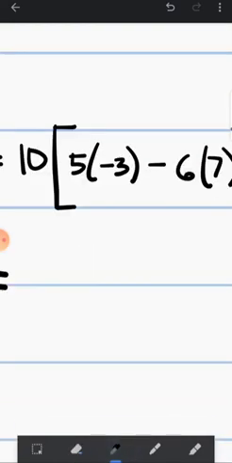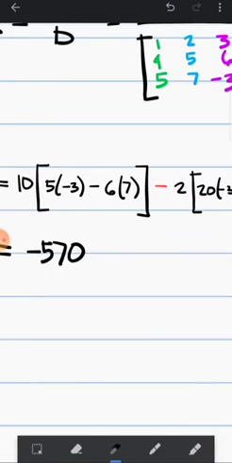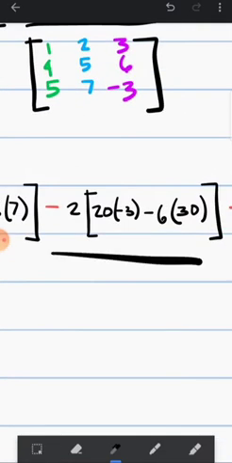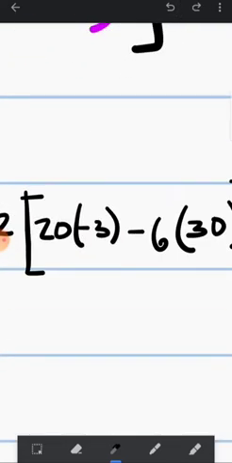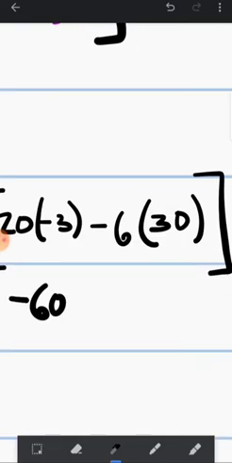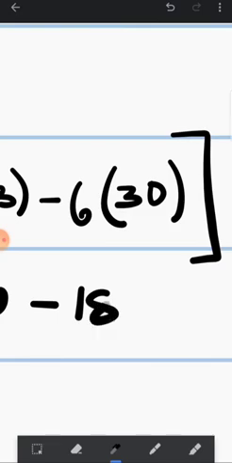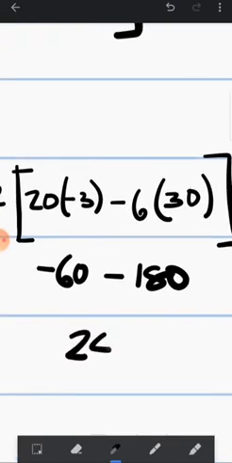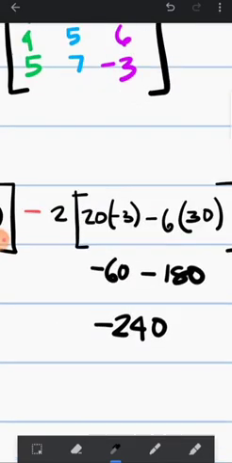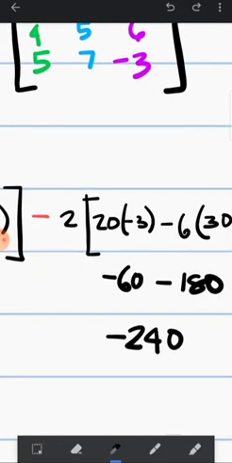Then here, 20 times negative 3, we have negative 60. Then minus 6 times 30 is 180, so minus 180. Negative 60 minus 180 would give us negative 240. And then multiplying it by negative 2 will give us positive 480.